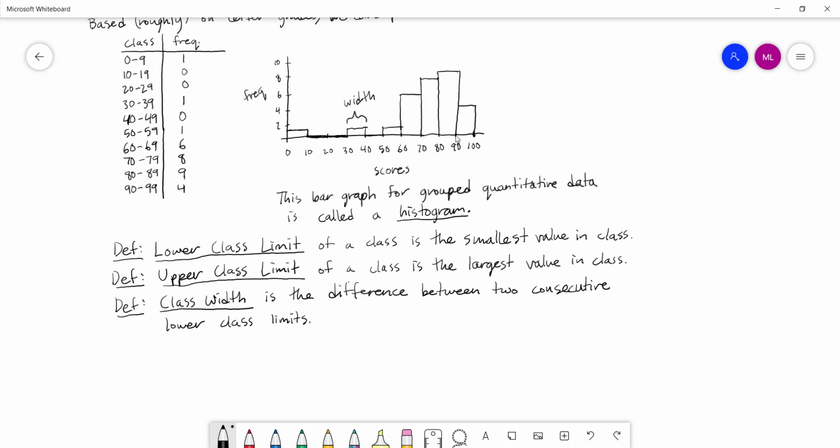There are 10 scores that count as a B, right? Anything from an 80 to an 89, that tells me my class width should be 10. And we used that to figure out how many total classes there were going to be. If I need to span 100 possible numbers from 0 all the way up to 99, and I want to break them into groups of size 10, which is the width that we picked, that means it's going to take 10 total classes in order to do that.